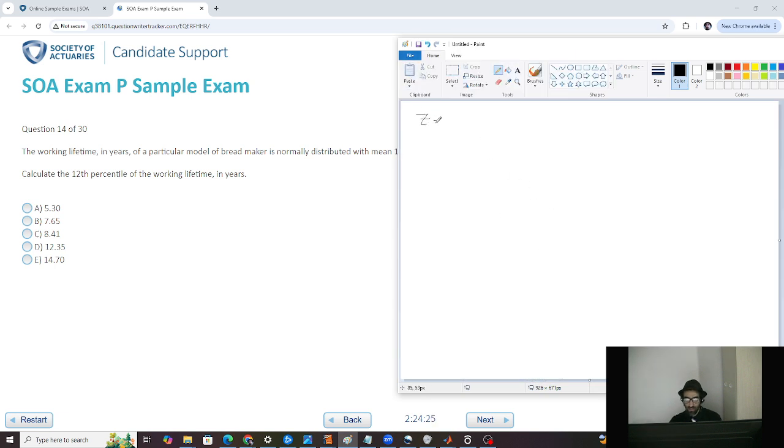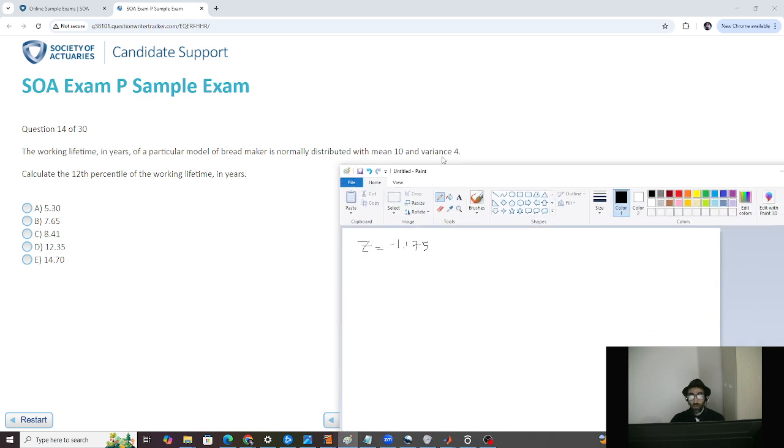In this case, it's actually negative 1.175 because you're at the low end. Your variance is a 4, so your standard deviation is a 2. So 10 minus 2 times this. Equals 7.65.